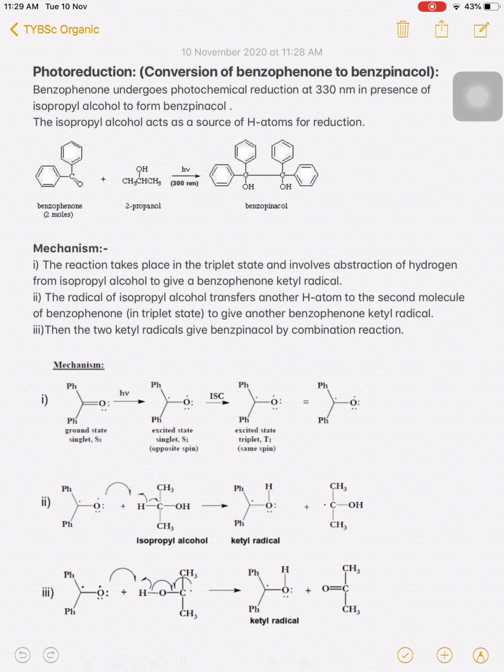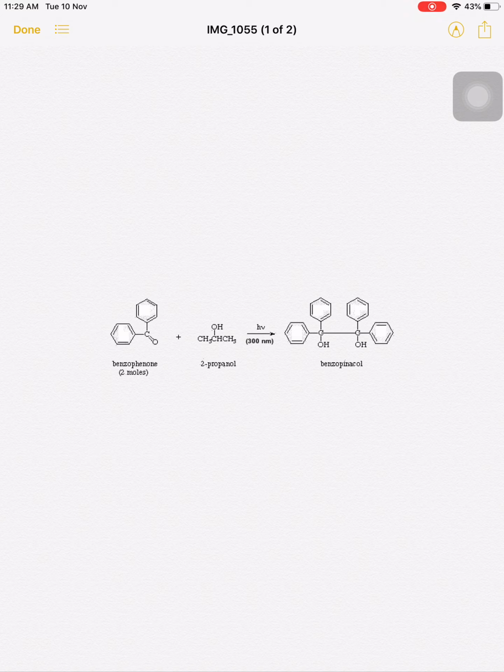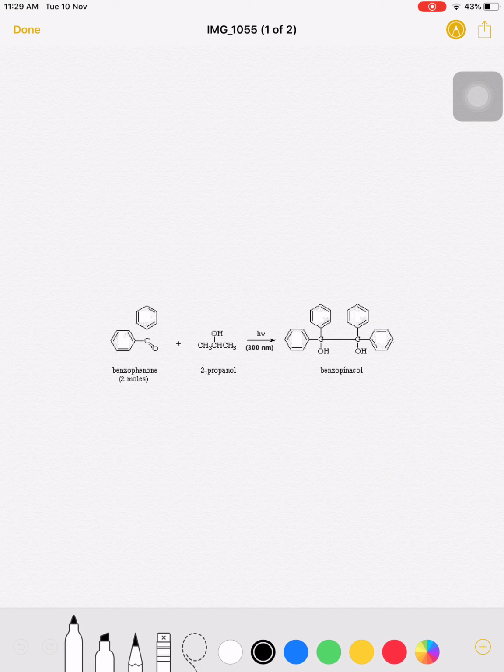This reaction is carried out at 330 nanometer, and the isopropyl alcohol is used to reduce benzophenone into benzpinacol. Two molecules of benzophenone are used, and with isopropyl alcohol in the presence of radiation it is converted into benzpinacol.